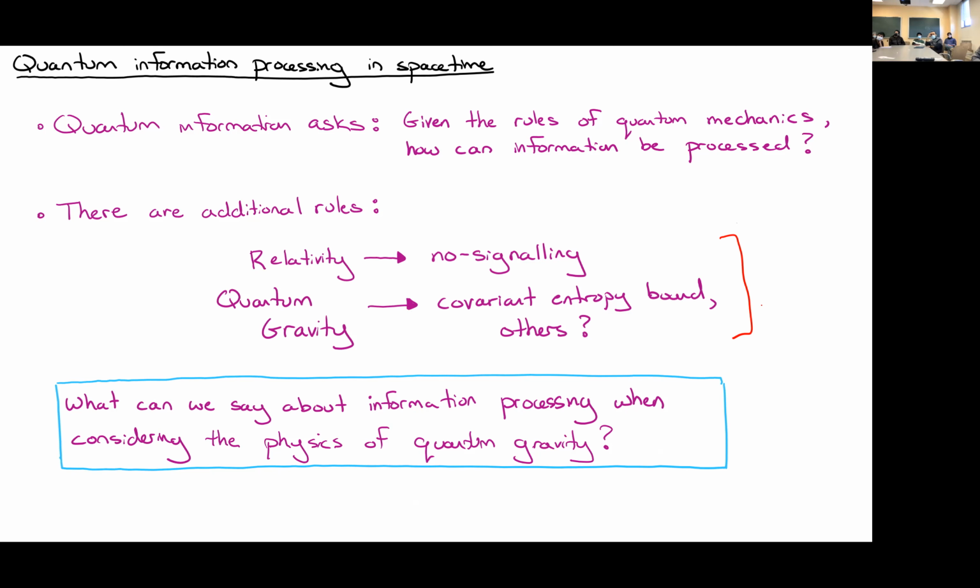Instead, since we think we live in a world that's described by some kind of theory of quantum gravity, if we want to understand information processing at a fundamental level, we should really be thinking about the physics of quantum gravity and what its consequences are for information processing.